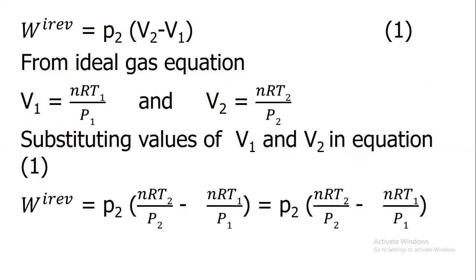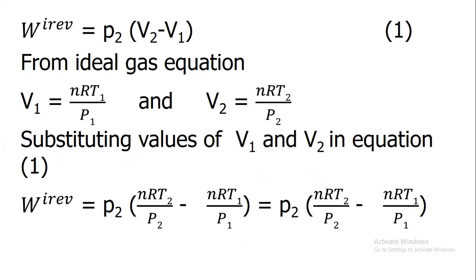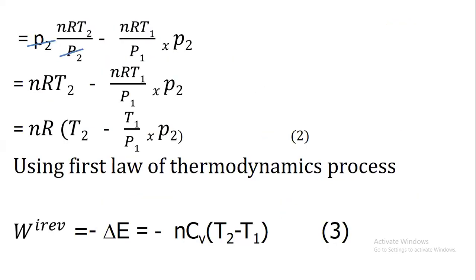From the ideal gas equation, V1 equal to nRT1 over P1 and V2 equal to nRT2 over P2. Substituting the values of V1 and V2 in the equation and solving, W irreversible equal to nR times T2 minus T1 over P1 P2.